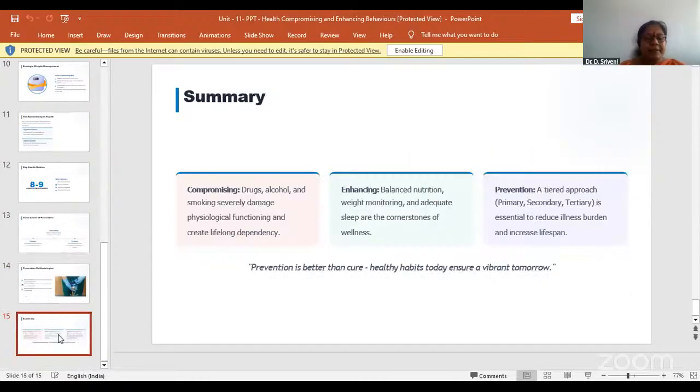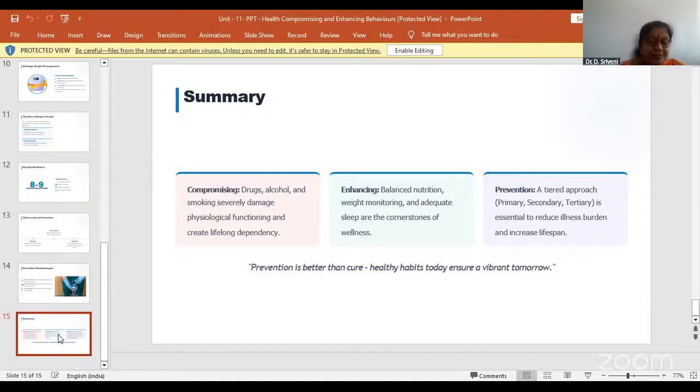Then, coming to the summary, health enhancing behaviors are often the direct results of the individual's internal beliefs and self-efficacy. When a person believes that their actions, such as practicing yoga or improving their diet, will truly lead to better outcomes, they are more likely to sustain these habits.